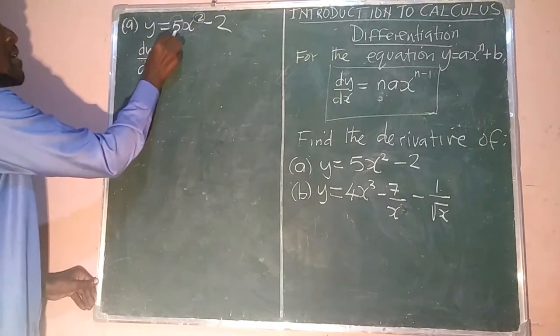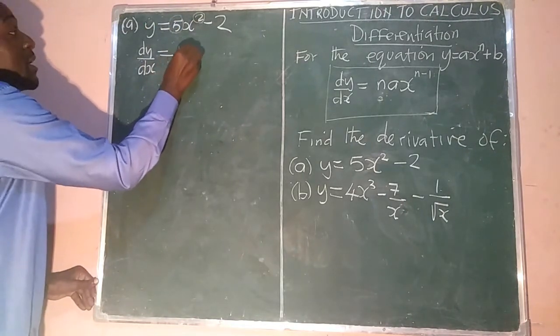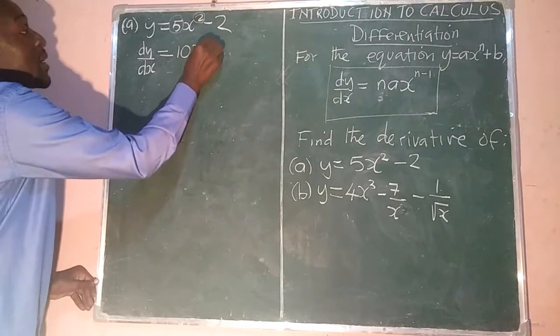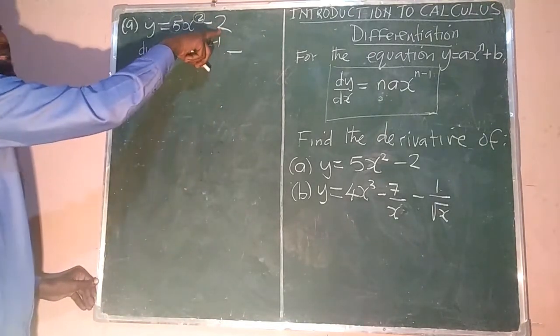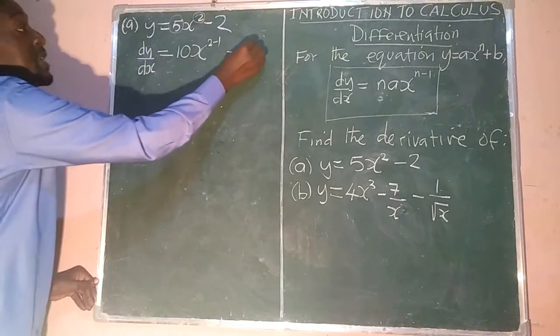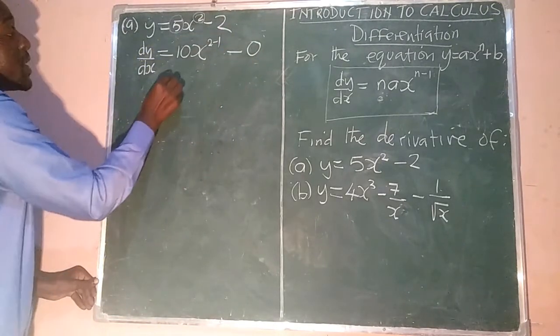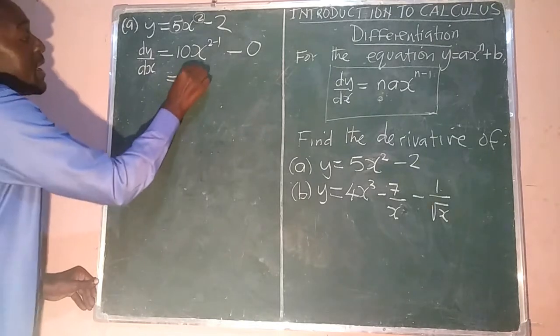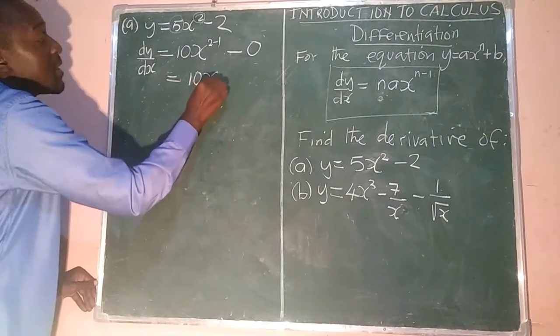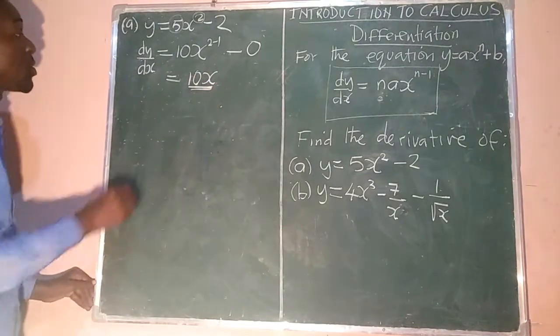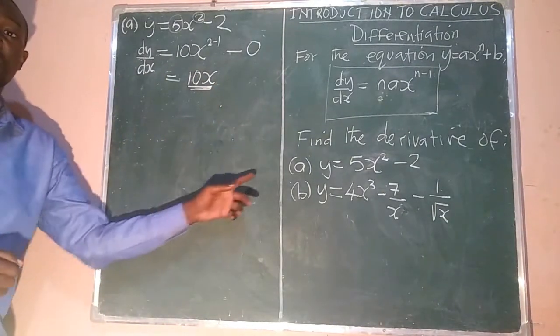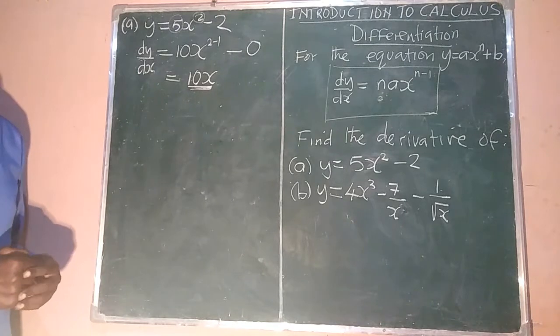So 2 times 5 gives 10x to the power 2 minus 1. And since the 2 is a constant, dy/dx will just be 0. When we simplify, we have 10x to the power 1, which is just 10x. So this is our solution for the first equation.